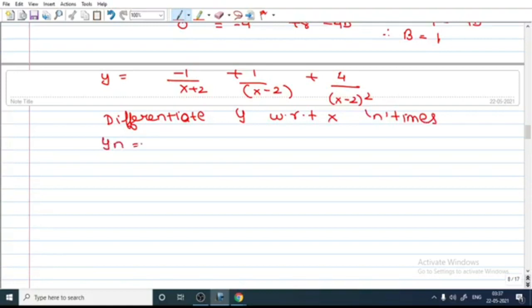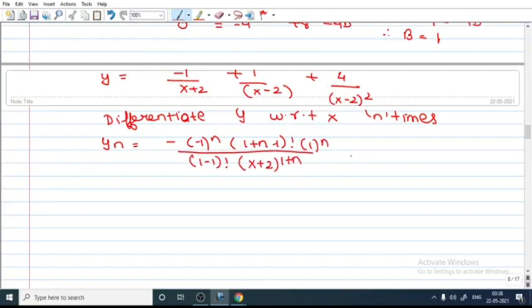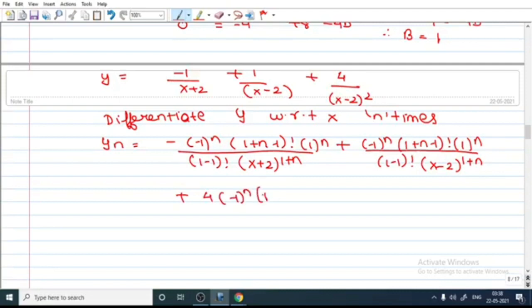The moment we differentiate, we will get y_n equals minus 1 power n into 1 plus n minus 1 factorial into 1 power n the whole upon 1 minus 1 factorial into x plus 2 the whole power 1 plus n, plus minus 1 power n into 1 plus n minus 1 factorial into 1 power n the whole upon 1 minus 1 factorial into x minus 2 the whole power 1 plus n, and lastly 4 into minus 1 power n into 2 plus n minus 1 factorial into 1 power n, upon 2 minus 1 factorial into x minus 2 the whole power 2 plus n. So after this you can get the answer by simplifying.